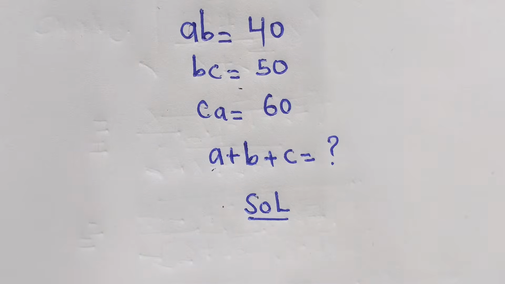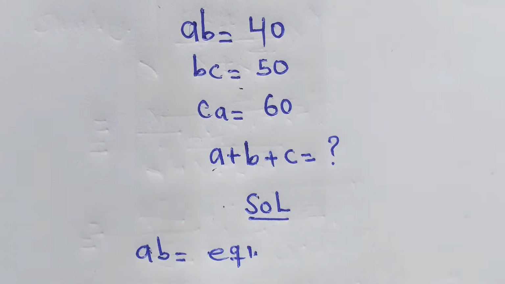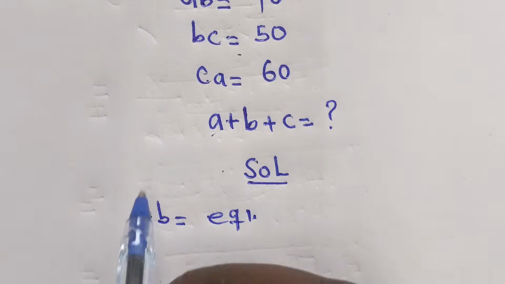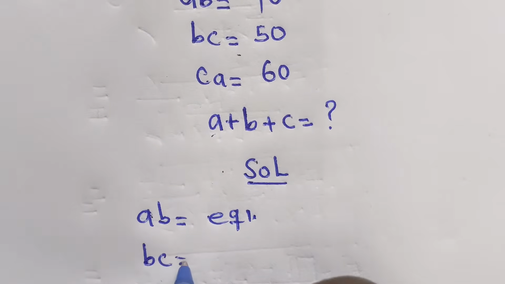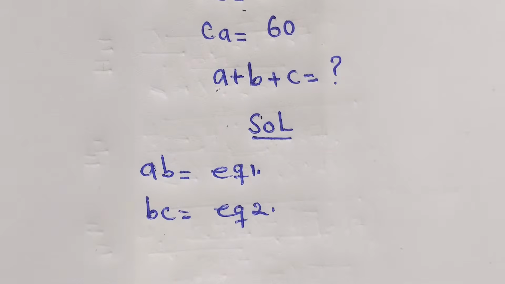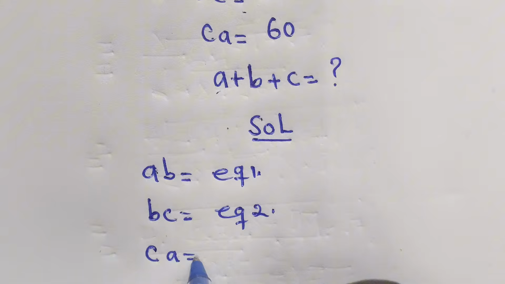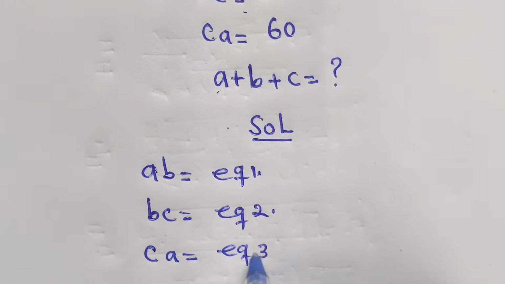What we have right here, we are going to name AB equal to equation 1, whereas BC equal to equation 2, whereas CA equal to equation 3.